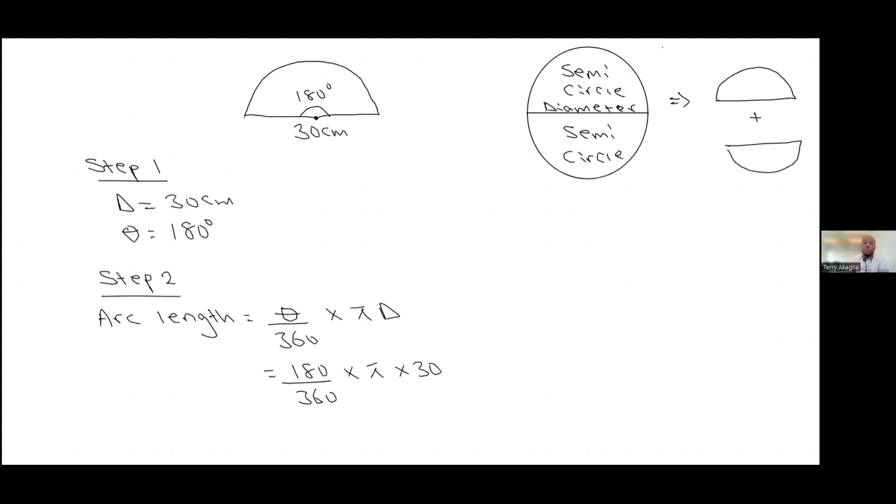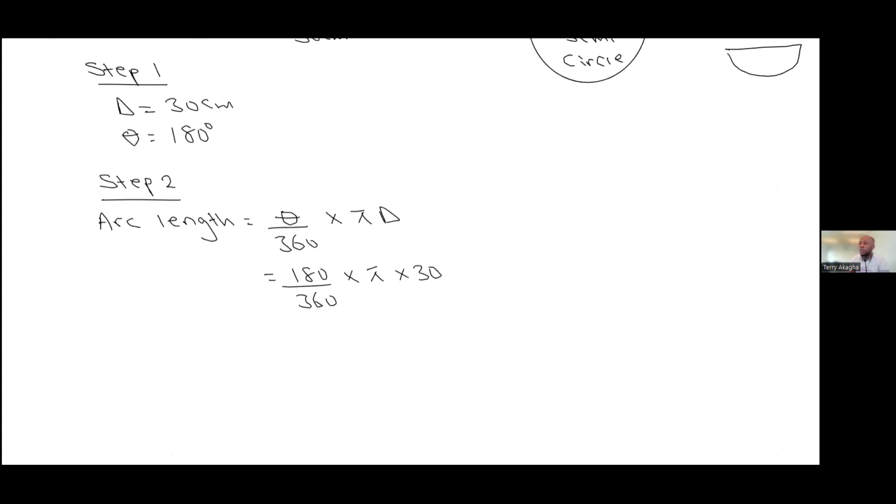Okay? Then step 3, we simplify that. You press this in your calculator to give you your answer. And when you press that, it will give you 15 pi cm, or in decimals, 47.12 cm. And that will be the answer for that.